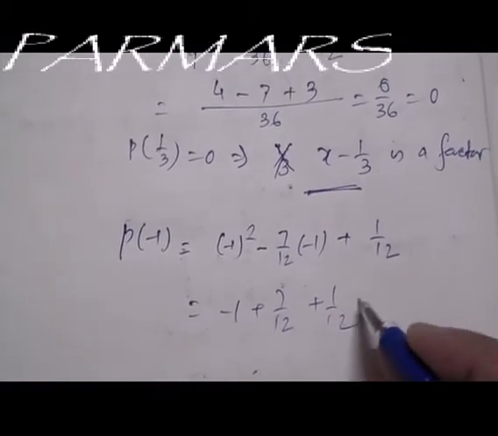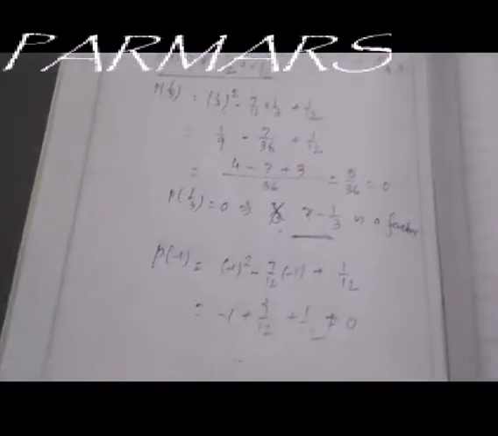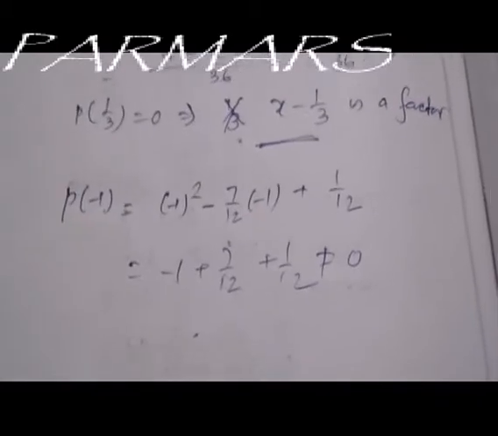So ye to 0 nahi hone wala. So minus 1 is not a zero of this polynomial. So what next?